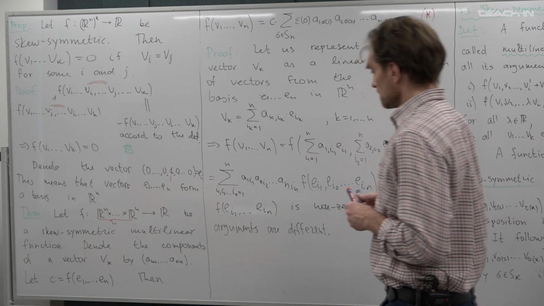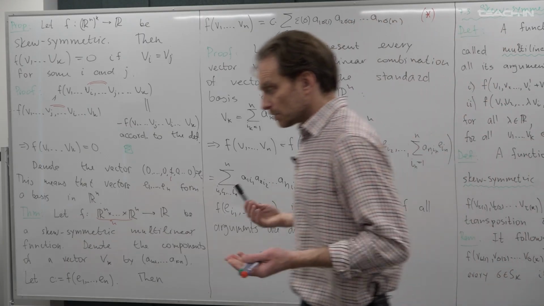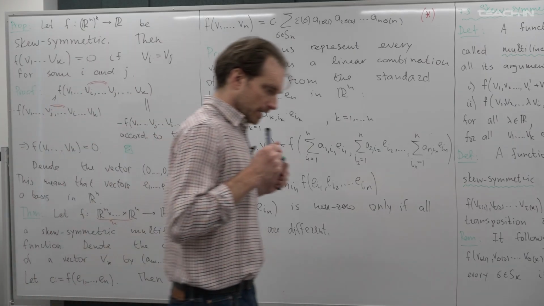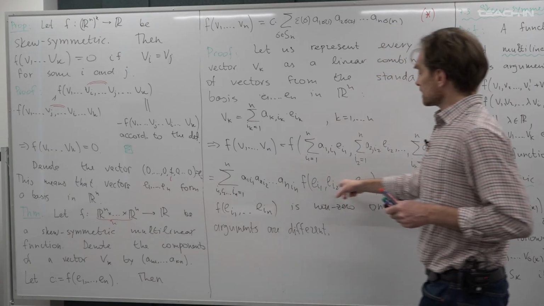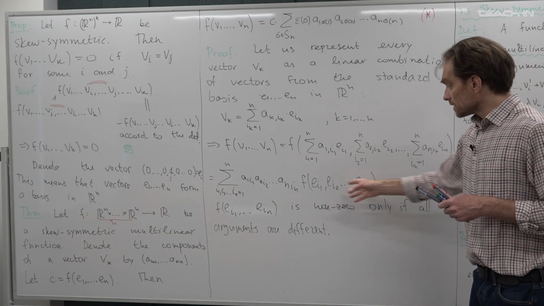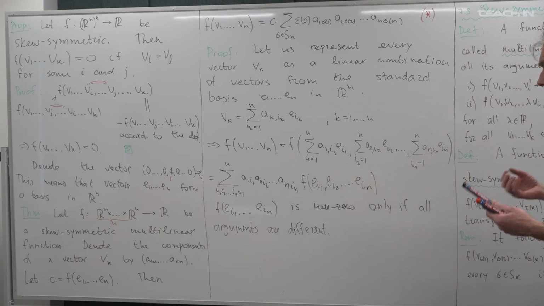So what does this mean? We have n arguments and they should be different, and these are just vectors from e1 to en, right? So every index here changes from 1 to n. And since all arguments are different, they are just some permutation of vectors e1, etc., en.